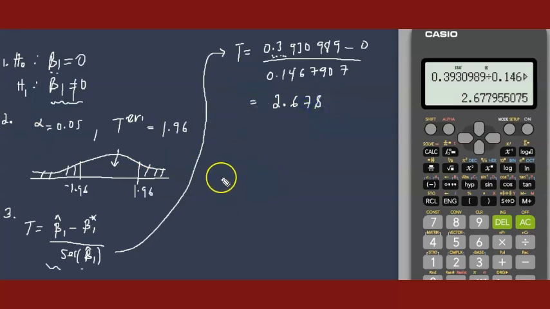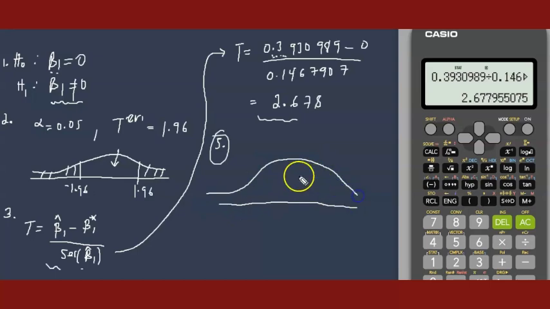From here, the last step is just to make a conclusion. We need to compare the t that we have found with what we have. If you remember, that drawing was like so. Well, this is too much. Let me draw well; I guess I can try, though I'm not good at this.